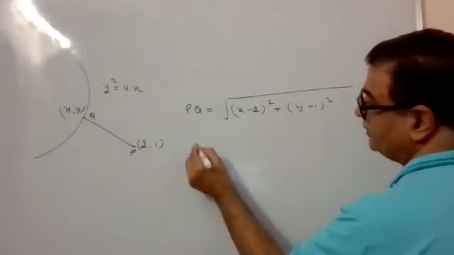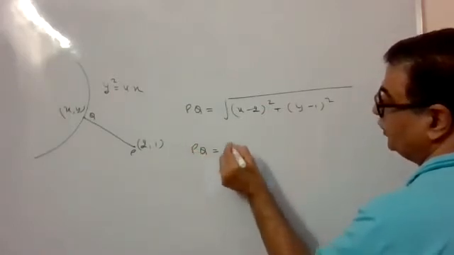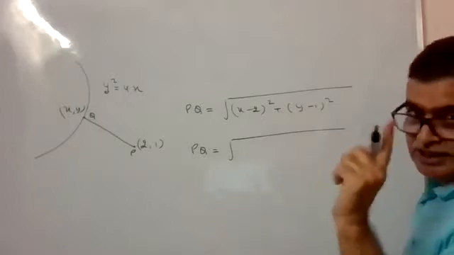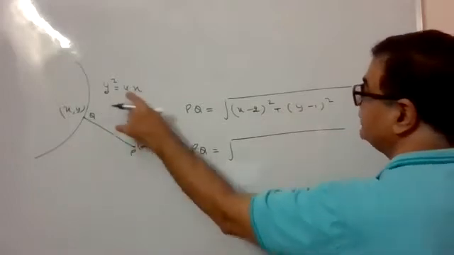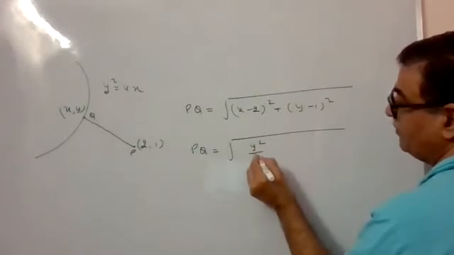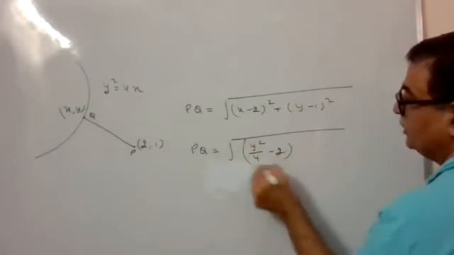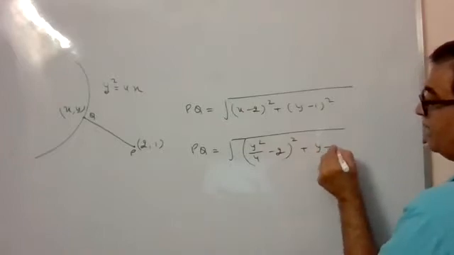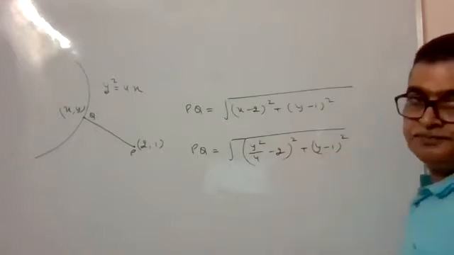So PQ is the square root with two variables x and y; we convert it into a single variable using this condition. In place of x we write y square by 4, so (y square by 4 minus 2) whole square plus (y minus 1) whole square.